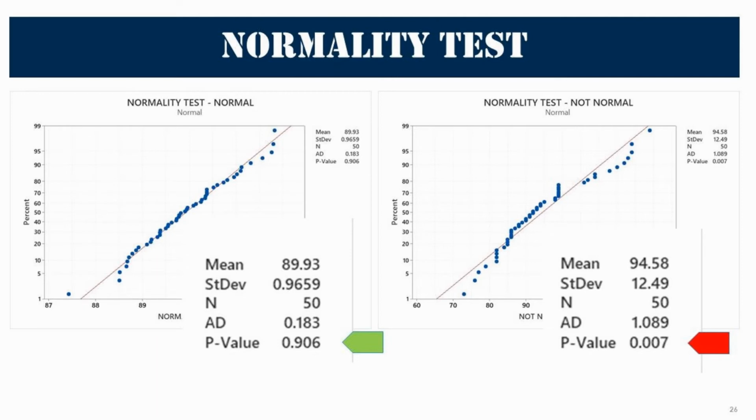For the normal example, we have 0.905, and for the non-normal, we have 0.007. The rule is if the p-value is above 0.05, we are going to have a normal process.